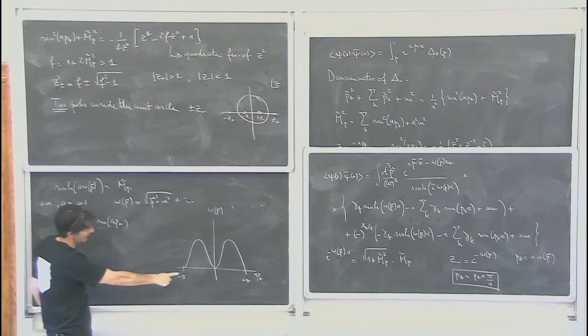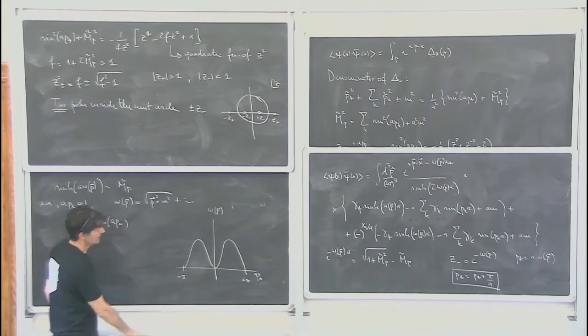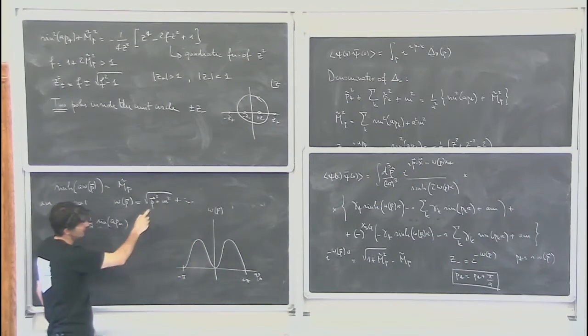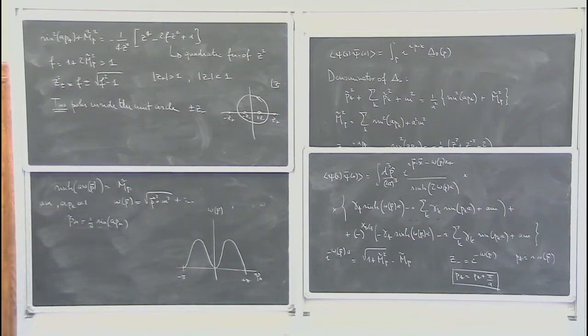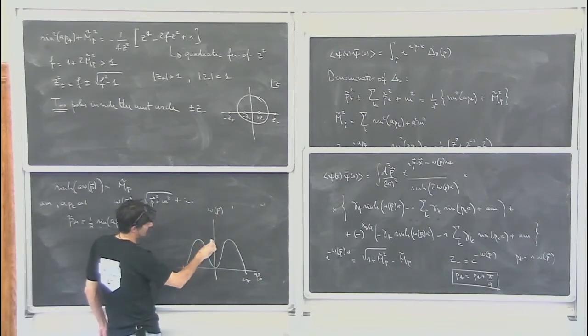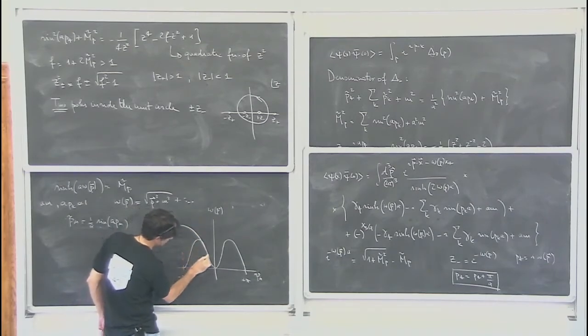When ap is small, you are close to the origin, and you get the usual relativistic dispersion relation. If you look at the same function for the scalar case, it looks like that.